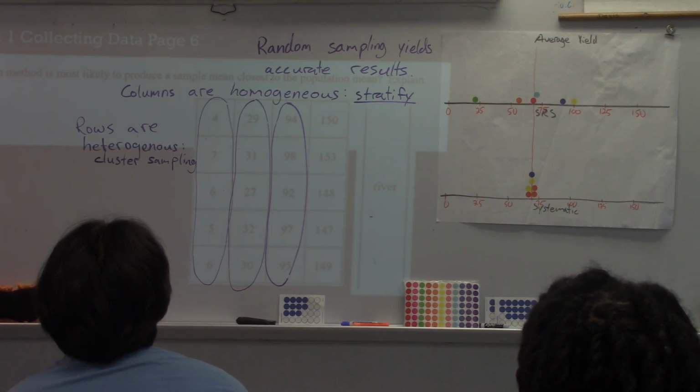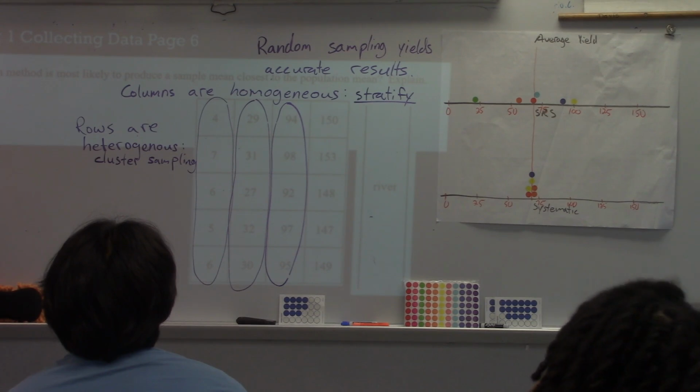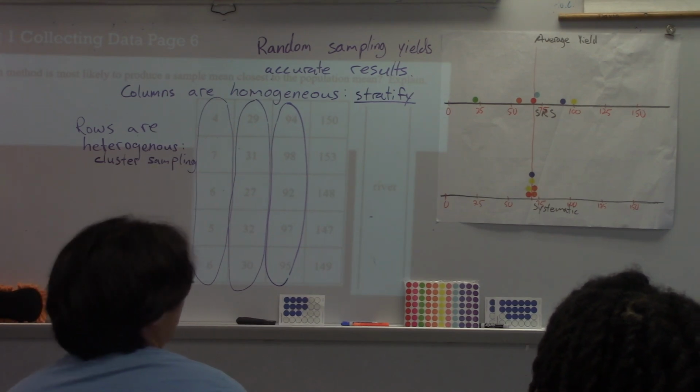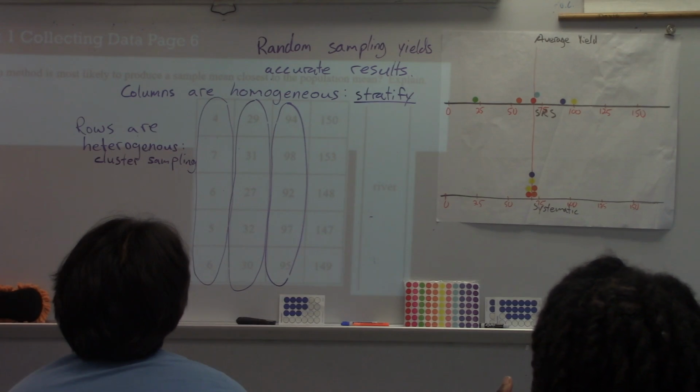So maybe we think that upperclassmen understand survivor bias better than lowerclassmen do. So we go by grade. We do strata, keep them homogeneous in that regard. But we think it might be similar within each grade, and we don't really think that the groups matter, so maybe we randomly sample 2 or 3 entire groups. Okay?